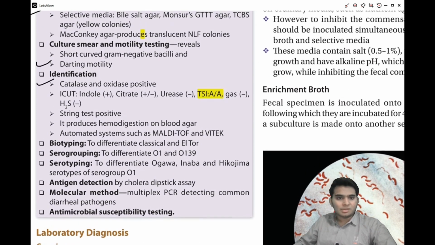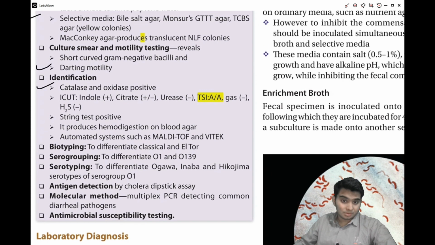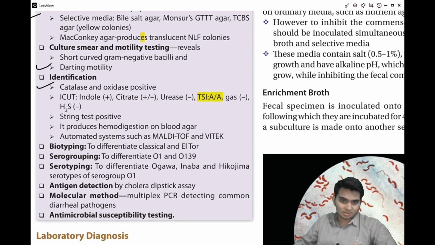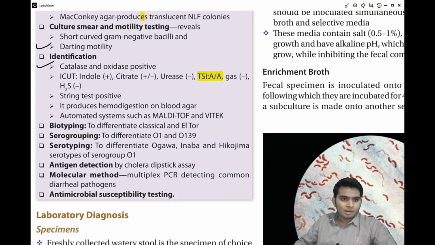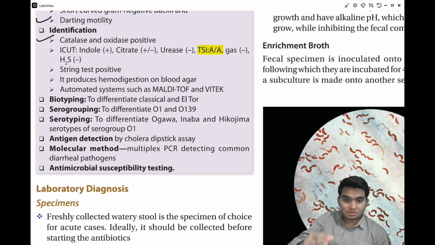But remember the point, it is a sucrose fermenter. So in triple sugar iron test, acid slash acid comes. Okay. Now string test positive. It produces hemodigestion on blood agar, and automated systems such as MALDI-TOF and VITEK. So the identification of Vibrio cholerae is done on the basis of these results and tests.